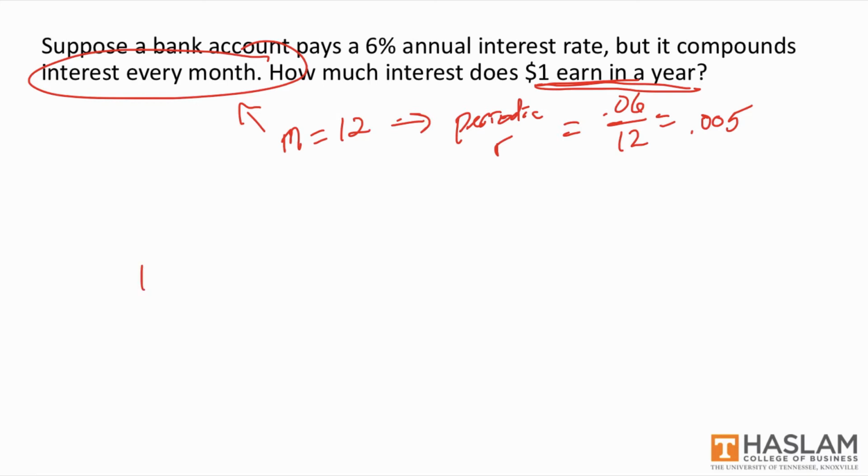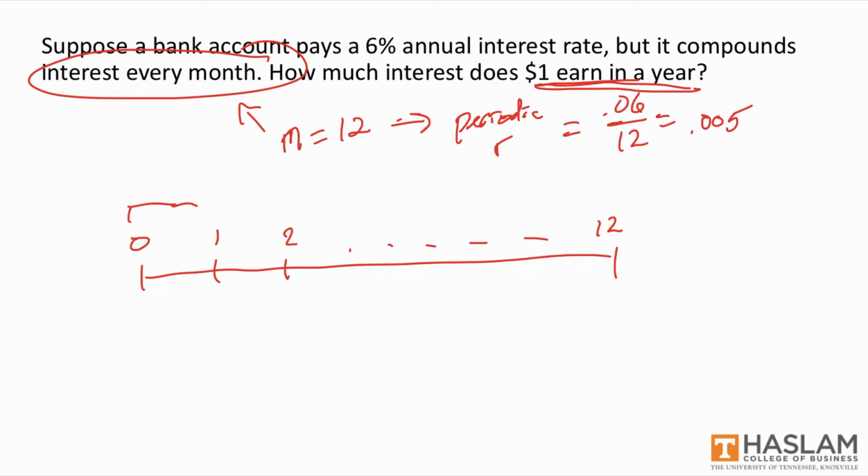And so if we were going to go through the full timeline, again, keep in mind that timeline needs to be periodic, and so each tick on the timeline is going to represent 1 month. And so we've still got a year represented by the timeline since there are 12 periods.